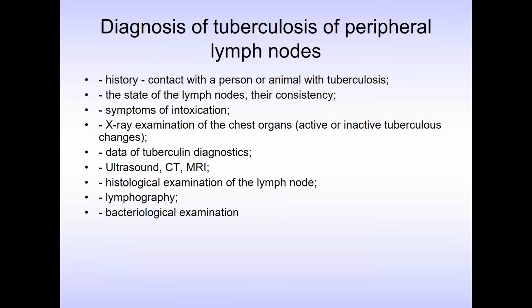And what helps us in diagnosing tuberculosis of lymph nodes? History, it may be contact with a person or animal with tuberculosis, the state of the lymph nodes, the consistent symptoms of intoxication, X-ray examination, ultrasound, computer tomography, MRI, histological examination, lymphography, bacteriological examination.